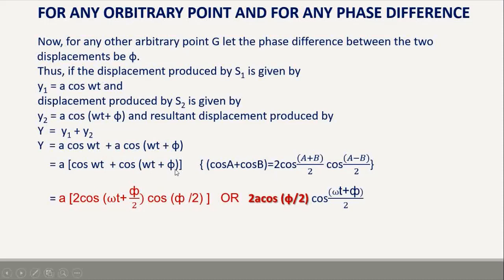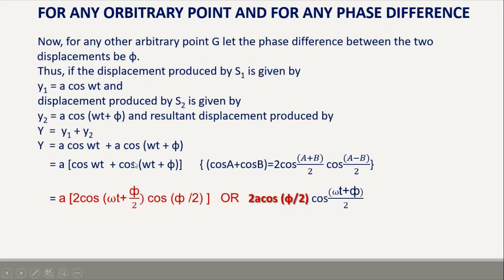Omega t plus phi is A, and omega t is B. Omega t plus phi plus omega t is 2 omega t plus phi, divided by 2. So 2 omega t divided by 2 is nothing but omega t, then phi divided by 2 as it is. So it will be 2 cos (omega t plus phi by 2) and cos (phi by 2).